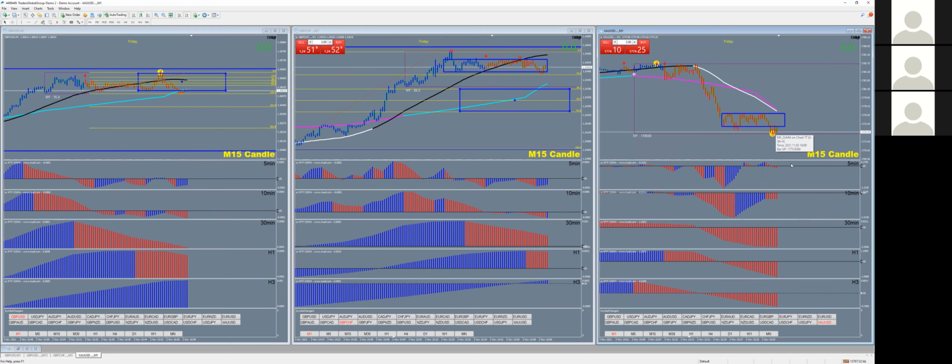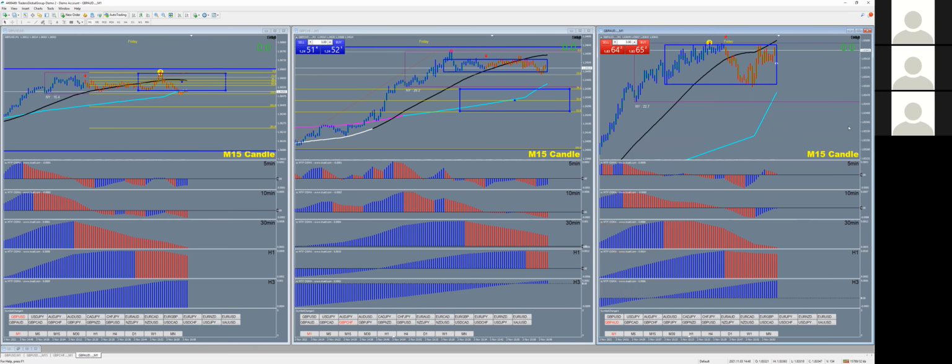Yeah, still trying to push down gold. I closed it for negative 1 pip, so hopefully.